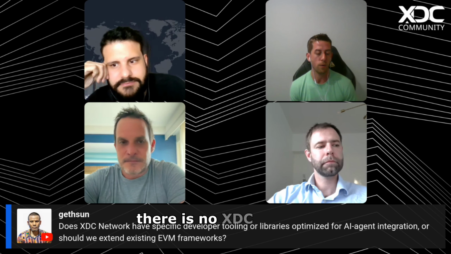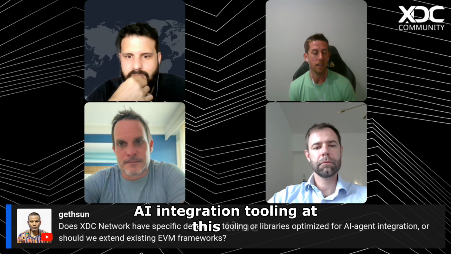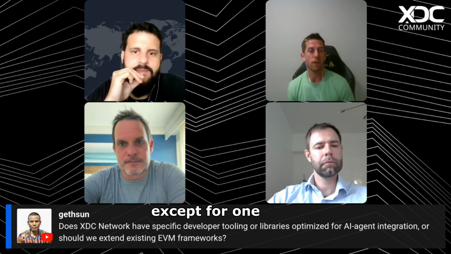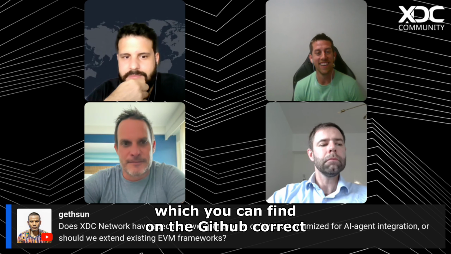There is no XDC-specific AI integration tooling at this time, except for one Eliza OS plugin, which you can find on the GitHub. Correct. But if you want to make some, and you think that is the project, go for it. Submit AI tooling. We'll take that as a project.